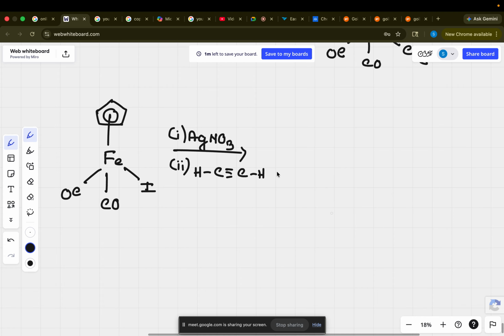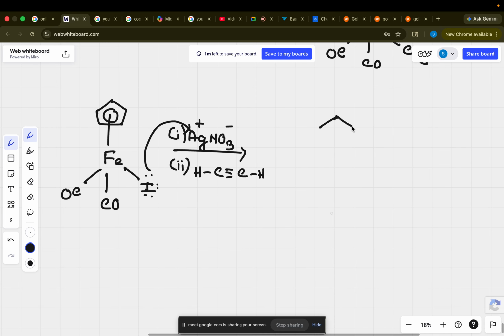Silver iodide will leave. First of all, iodine will coordinate with the silver plus, right? Iodine is donating electrons to silver plus.